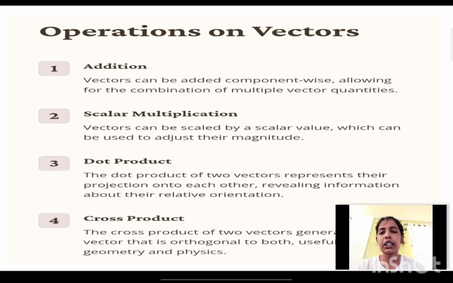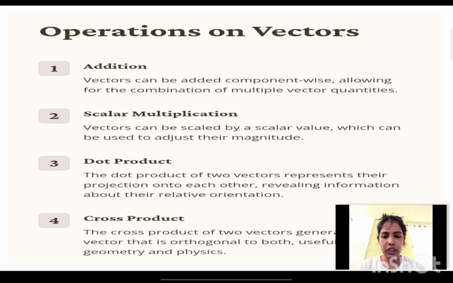Addition: vectors can be added component-wise, allowing for the combination of multiple vector quantities. Scalar multiplication: vectors can be scaled by scalar values, which can be used to adjust their magnitude. Dot product: the dot product of two vectors represents their projection onto each other, revealing information about their relative orientation.